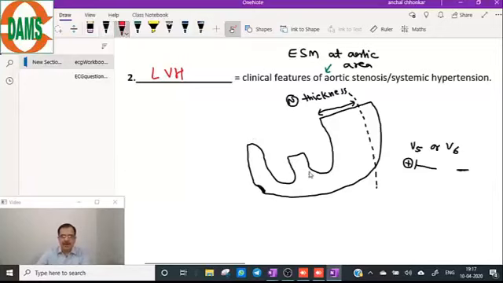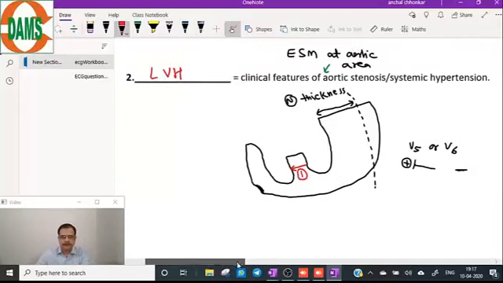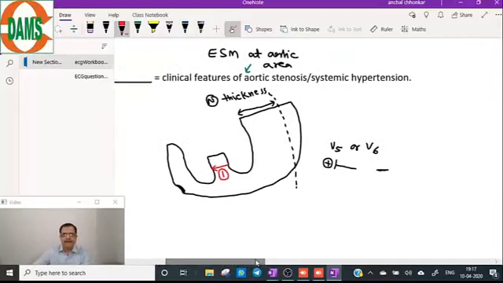Now let's see the vectors. The first part to depolarize is the septum from left to right, number one event. So the needle will deflect in a downward direction. Now come to the free wall depolarization.